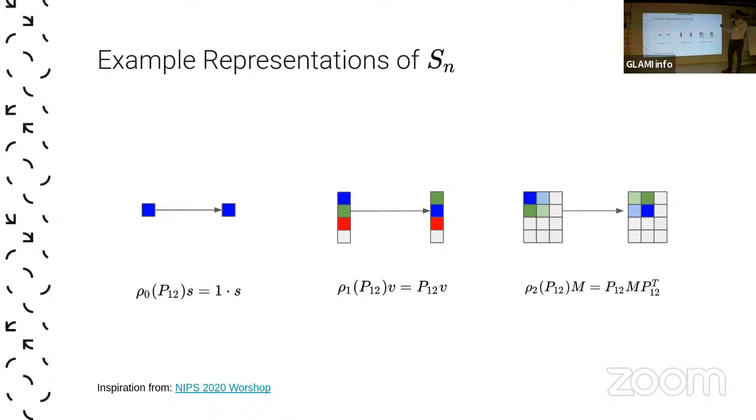And so if we, for example, take the overall output of the neural network, which could be just one number in case of classification or regression, and we would be looking for a representation of this group on this just one scalar number, it would be the first column, right? So that's the trivial representation that every group has. It's just, you map every element of the group to one, to identity.